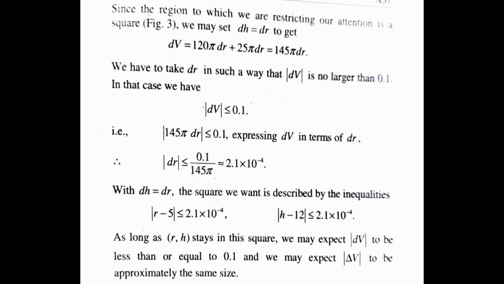We have to take dr in such a way that mod dV is no larger than 0.1. In that case, we have mod dV less than or equal to 0.1. What is mod dV? That is 145 pi dr, which is less than or equal to 0.1.